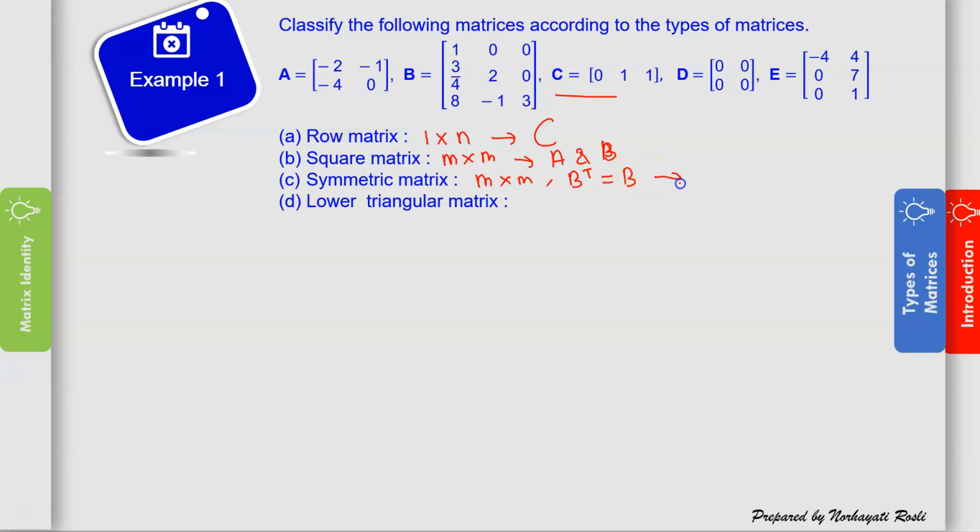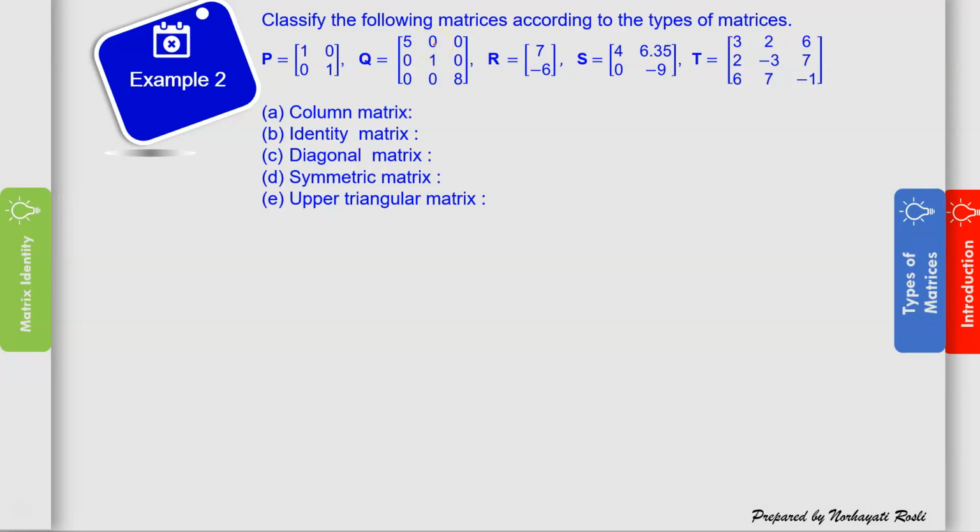Means that in this case, only D fulfills this condition. And for the lower triangular matrix, if you still remember, all elements above the main diagonal should be equal to 0. So here we have B as the lower triangular matrix.